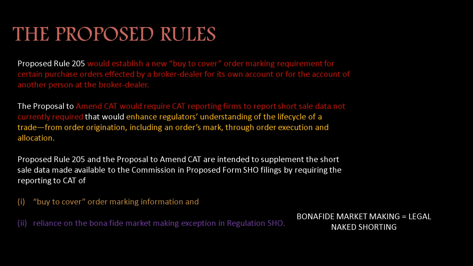It's legal naked shorting. Bona fide market making equals legal naked shorting. So that's basically the gist of it. That's what they're going to be doing. I'll go through the rest of the filing, see if there's anything relevant, but that's basically it. So there's that. Buy to cover and reliance on the bona fide market making, naked shorting.